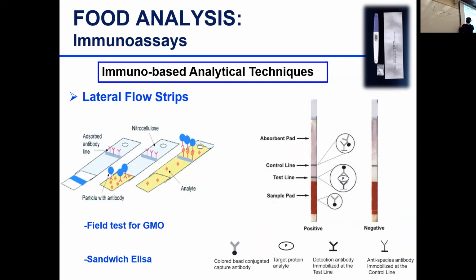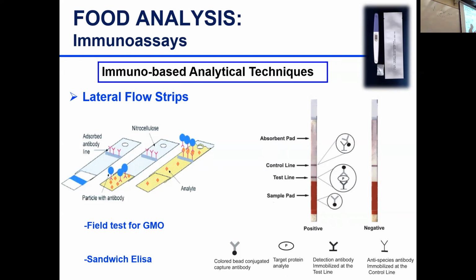If you have the antigen, they will bind, and your antibody has a color attached to it. Then they will move up the strip by lateral flow, and they reach a place where you have another set of antibodies bound, and then you get a sandwich ELISA. So the antigen is sandwiched here, and you see a color.